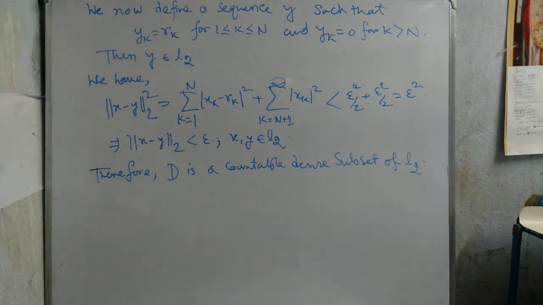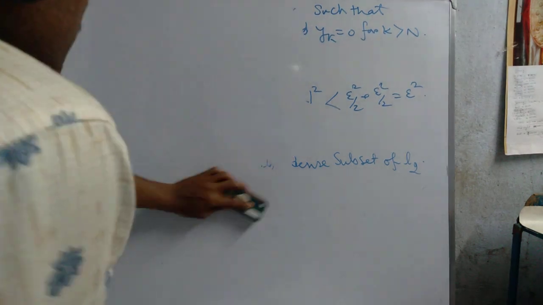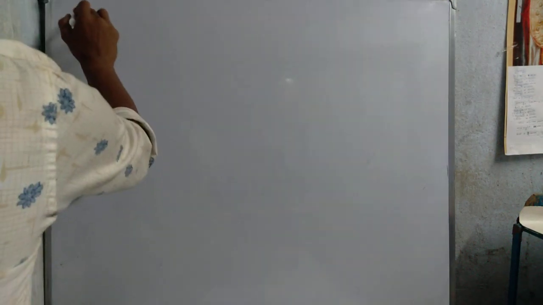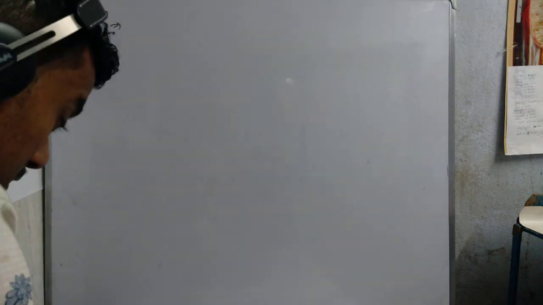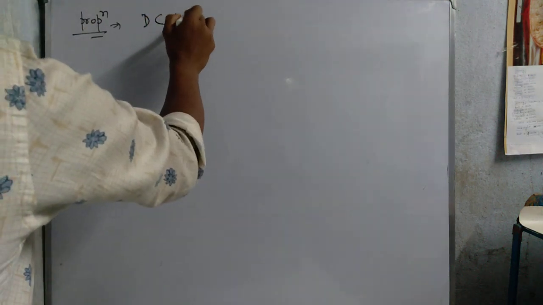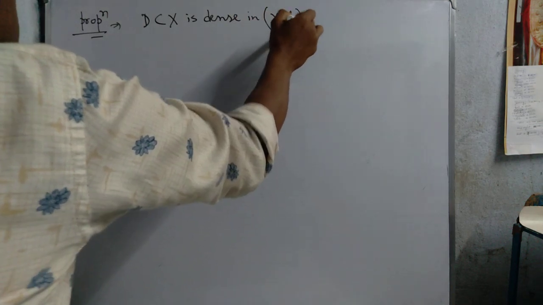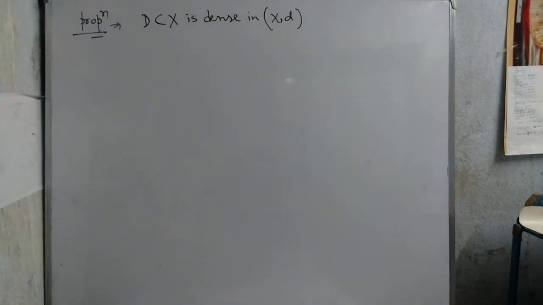Now we go to another, more familiar example. One property we also discuss as a proposition: if D, a subset of X, is dense in X, a metric space, then what happens?